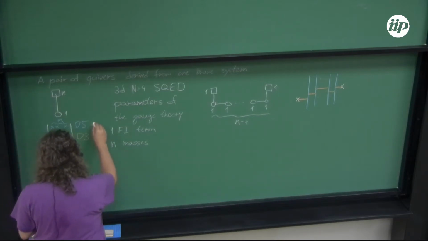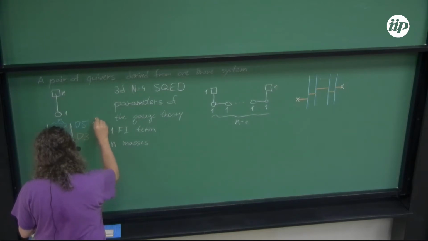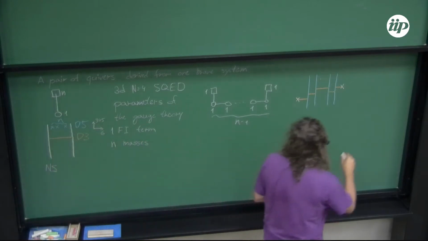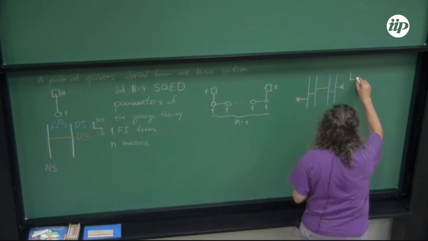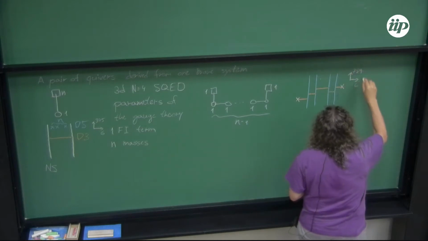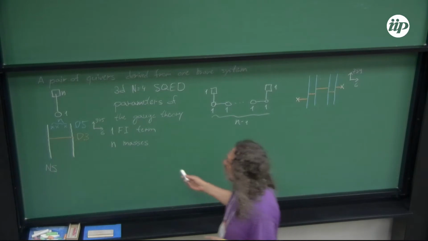Now, also I remind that this brane system is drawn in the 6, 3, 4, 5 directions, and the same brane system is drawn in the 6, 7, 8, 9 directions. Okay? And so we have to be careful when we count the number of masses.